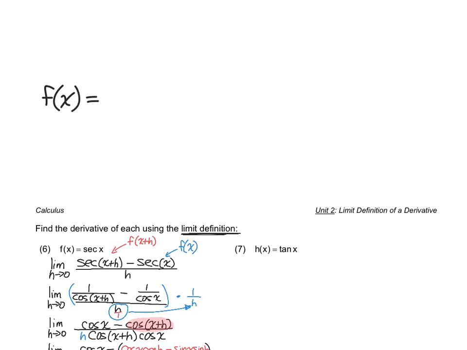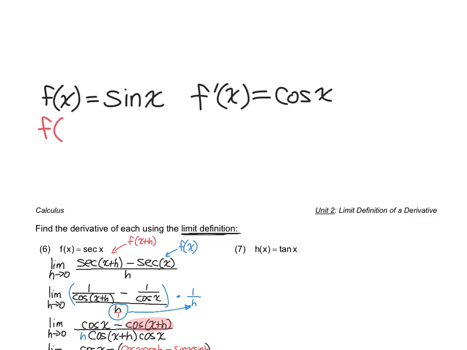So f of x is equal to sine of x. Why not? Derivative of that, we know is what? Cosine of x. But then when I take the derivative of, I'll call it g, well, I could just keep calling it f of x. There's never a reason why you had to change it. It's still a function of x.